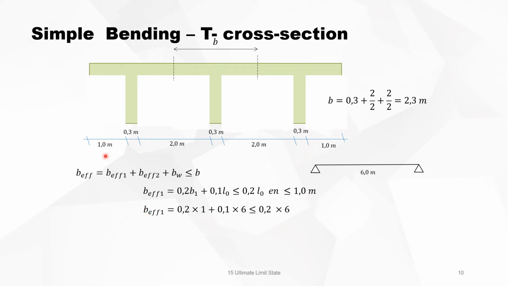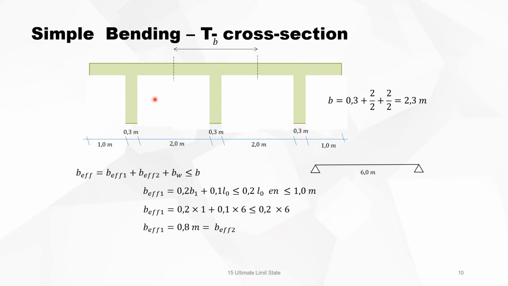Now, b effective is then 0.2 times 1, because this is 1 meter, plus 0.1 times 6, and it must be smaller than 0.2 times 6, and it gives you the effective width on the left-hand side of 0.8 meters, which is smaller than 1, so that's fine.